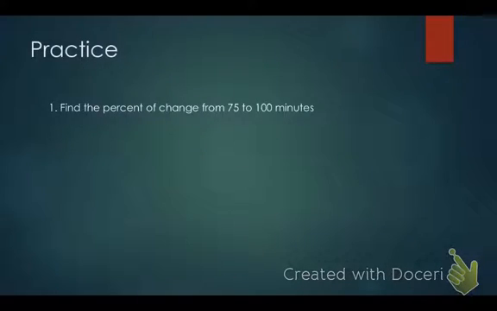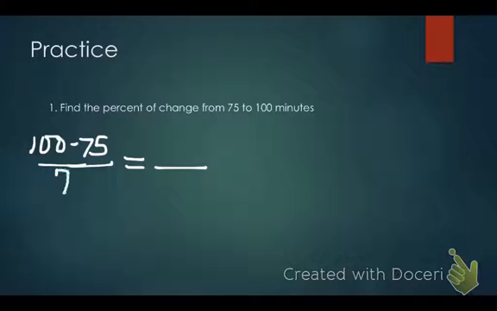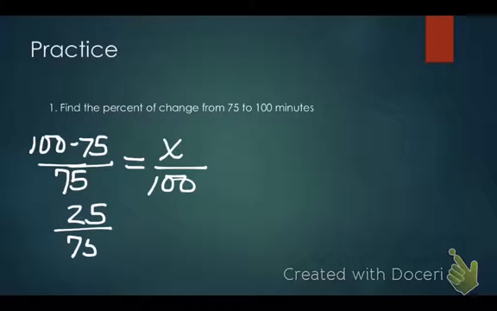Okay, let's practice this. Find the percent of change from 75 to 100 minutes. So again, set up my proportion. I'm going to do 100 minus 75 to see how much the quantity changes. Original goes on the bottom, set it equal to x over 100. So this is 25 is to 75 as x is to 100.